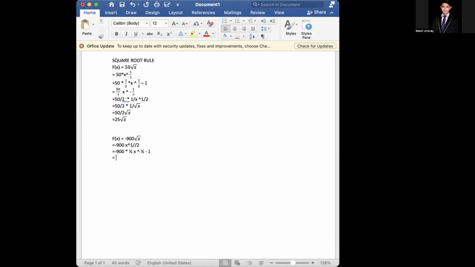So it will become negative 900 times 1 half x to the power of negative 1 half.